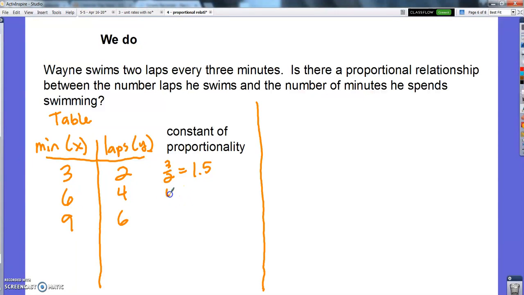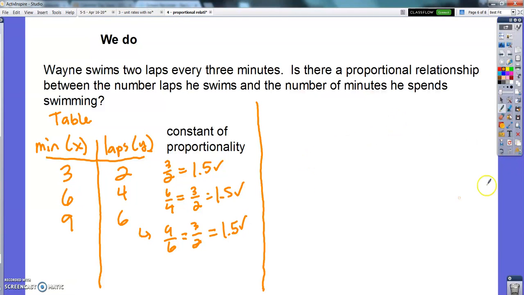This has a ratio of 6 to 4, which is equal to 3 to 2, which is equal to 1.5. And this has a ratio of 9 to 6, which is 3 to 2, which is 1.5. So no matter which data point I choose out of his number of laps, I always get this same constant of proportionality, the same, and really have the same ratio, just different versions, different multiples of the same ratio.